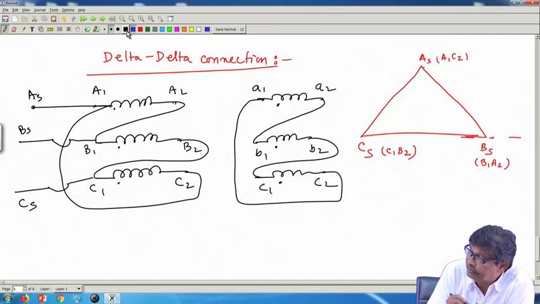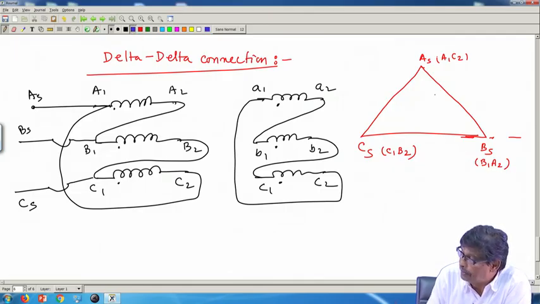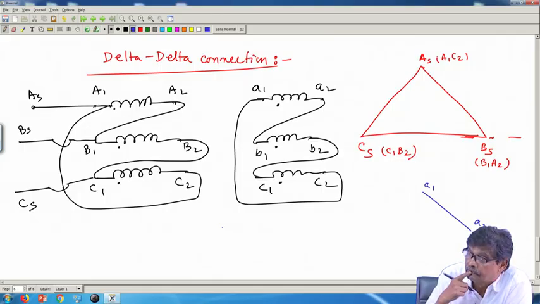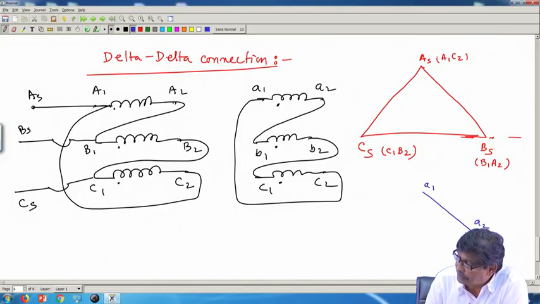Secondary voltages A1 A2 will be parallel to this line. So, A1 A2. B1 B2 will be parallel to this line, correct or not? B1 B2 will be parallel. So, B1 B2 I will put it here, bring it down.